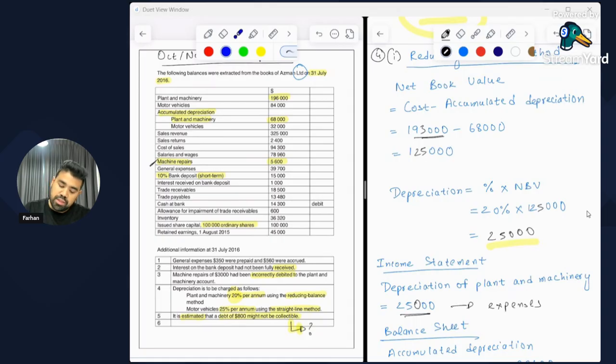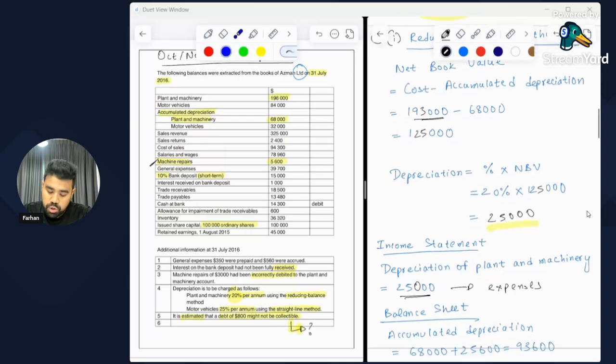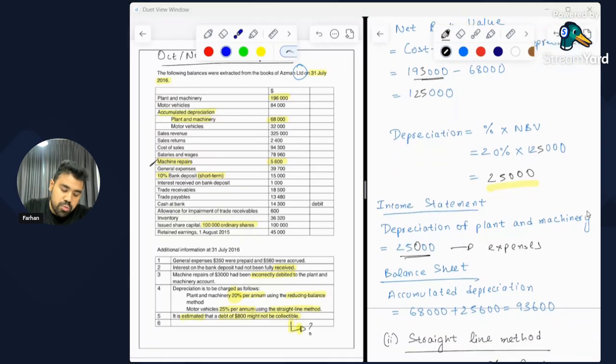And when you prepare the balance sheet, you see that we show the total for accumulated depreciation for the non-current assets. So accumulated depreciation simply means all the depreciation that we've got so far, right? So originally from the table, we started with 68,000, right? 68,000.